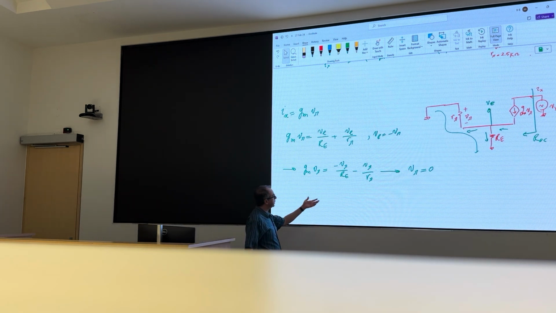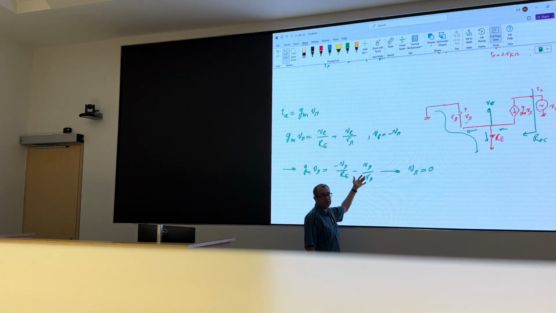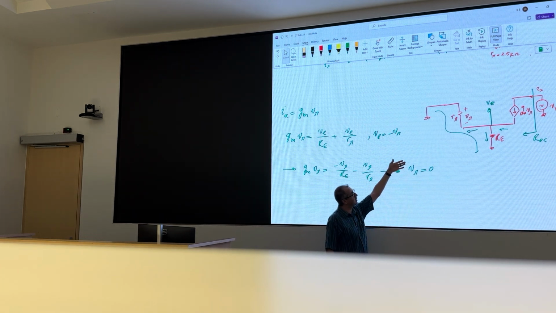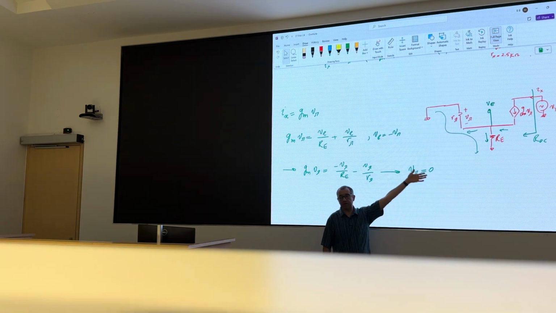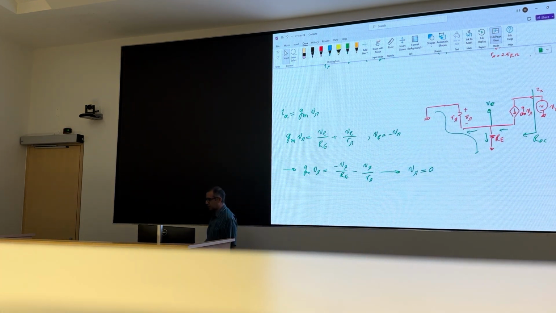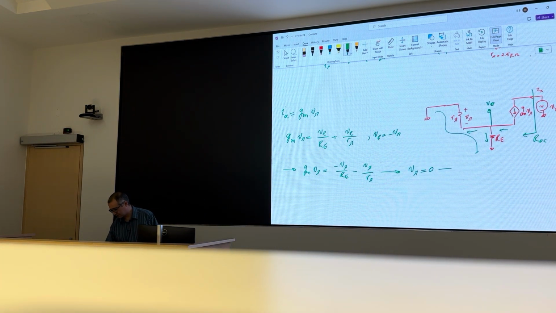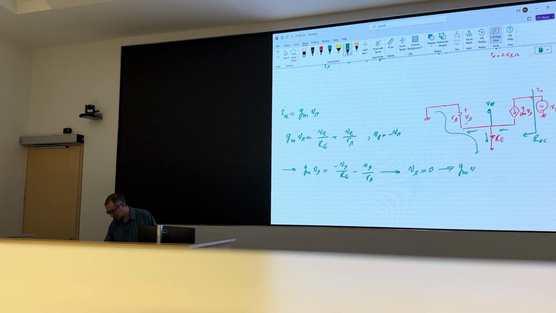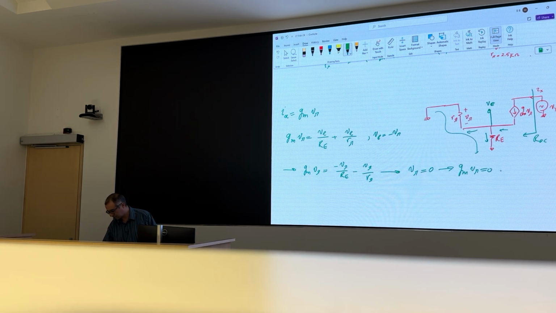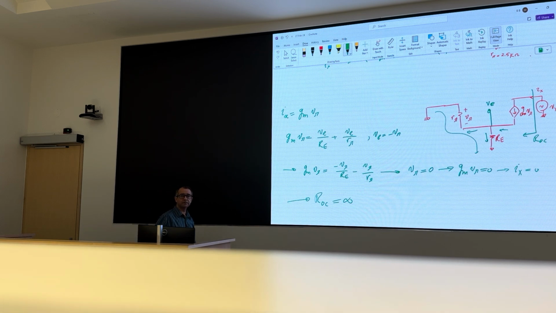Okay, so V pi, if it is satisfying this equation, it must be 0, meaning that gm V pi is 0.